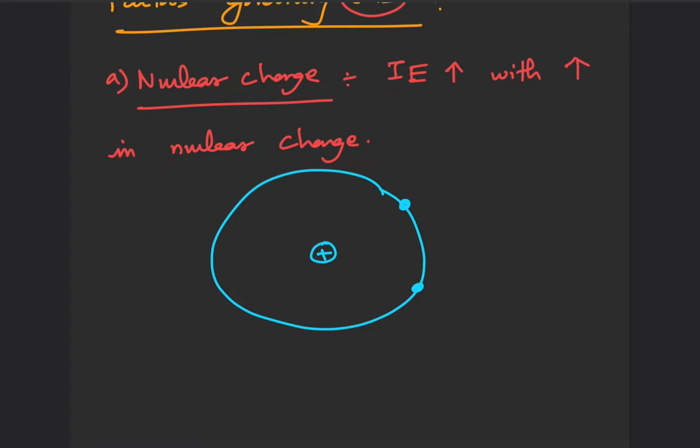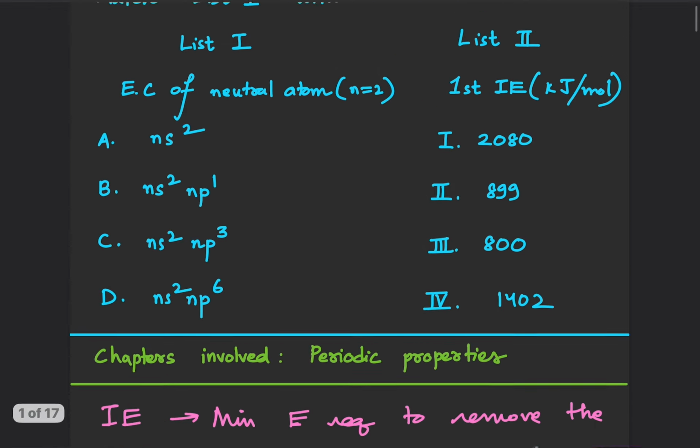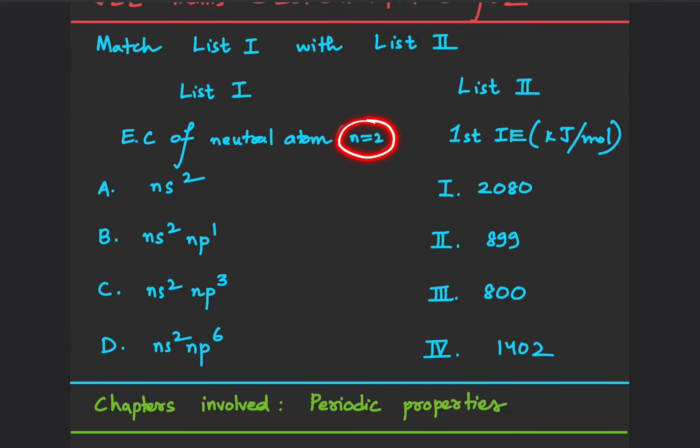In our question we have been given second period elements, because they have mentioned that the value of n is equal to 2. So this is beryllium, this is boron, this is nitrogen, and this is neon. We'll write them down separately.